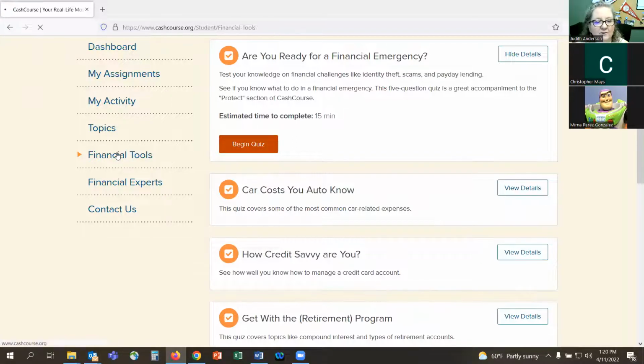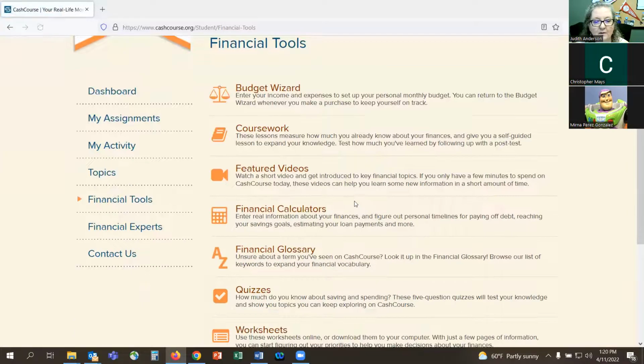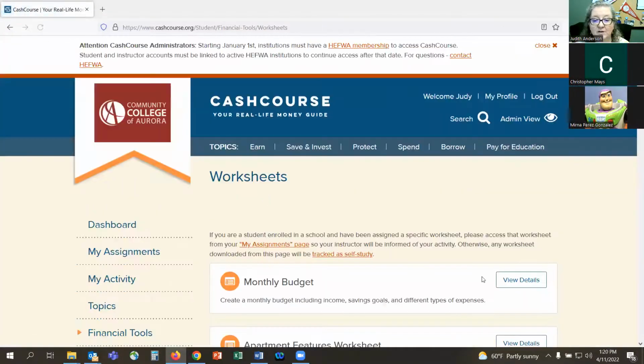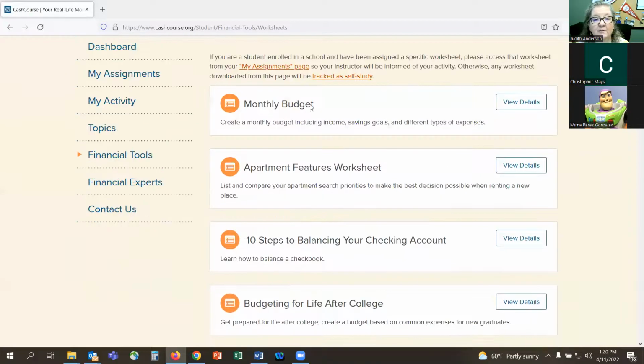So let's go back to tools. And then here are the worksheets. This is where you'll find the worksheet to do your monthly budget. Apartment features, if you're looking at several different apartments, compare which cost is the best for you and what they offer compared to others.